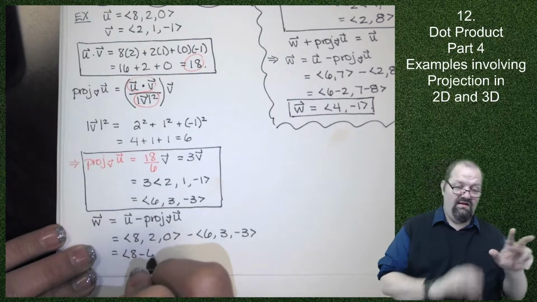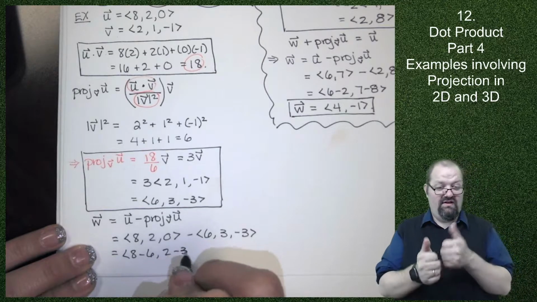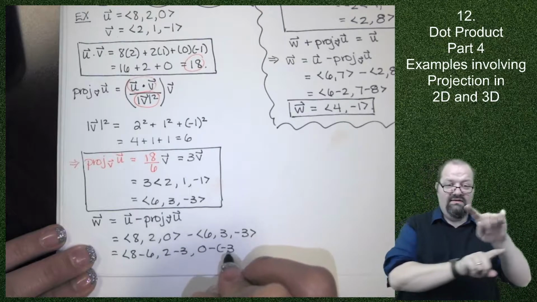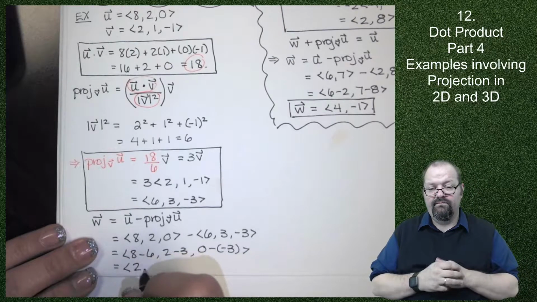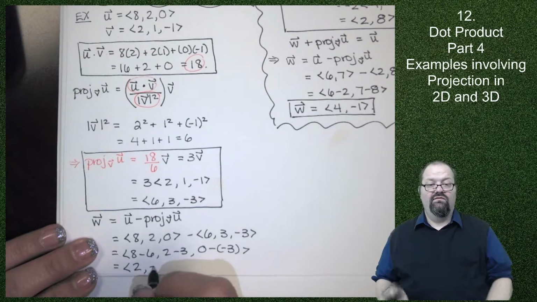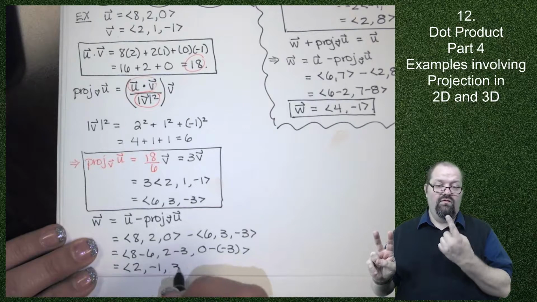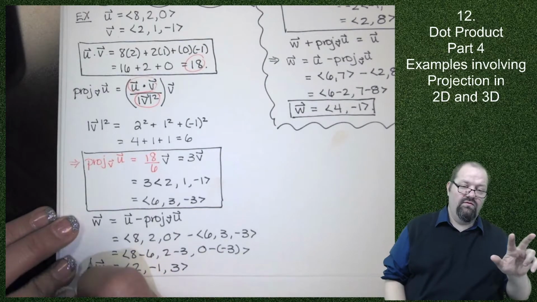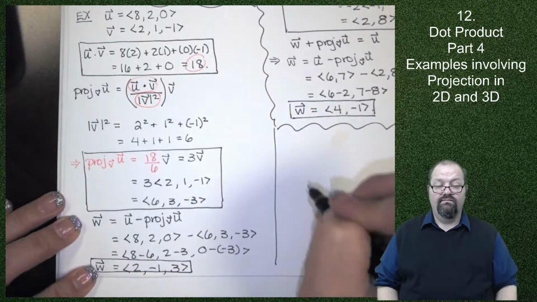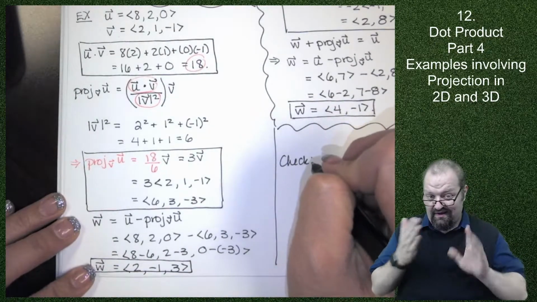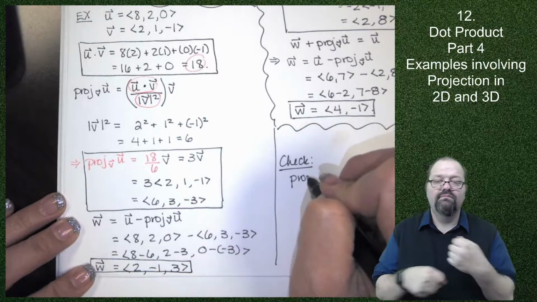Remember, you subtract component by component. 8 minus 6 is 2. 2 minus 3 is negative 1, and that's just going to be a positive 3. That's W.